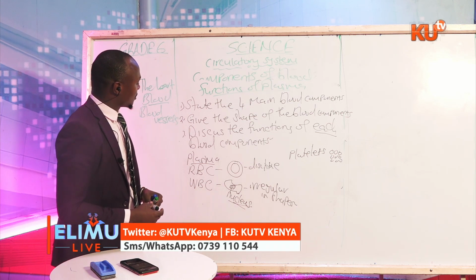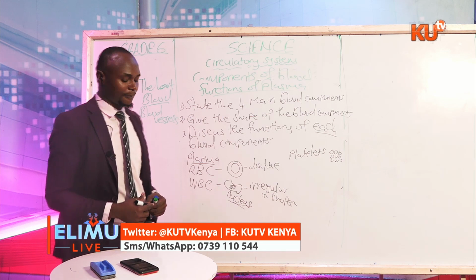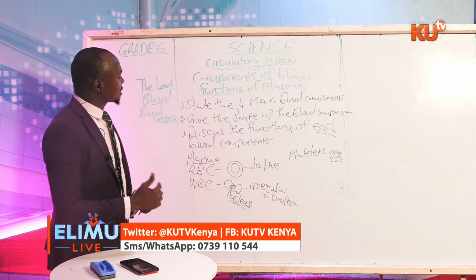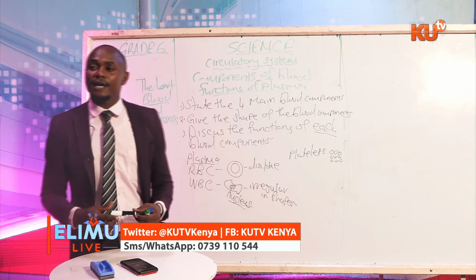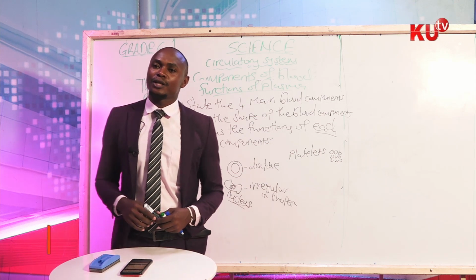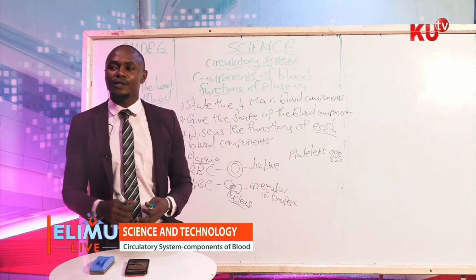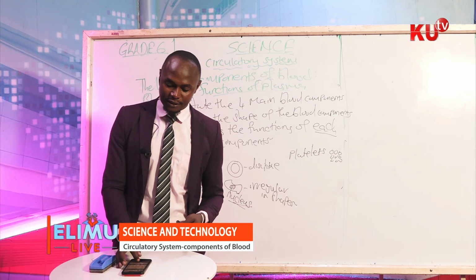We sang a song, where the song goes like this. These are the functions of plasma: transport carbon dioxide, digested food and heat, also transporting hormones, waste product from the organs, the largest component.